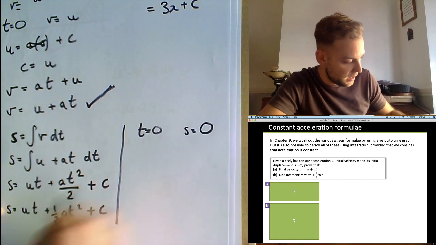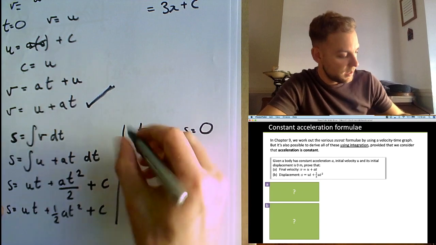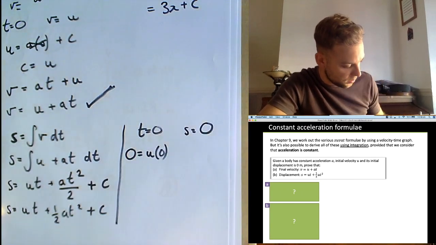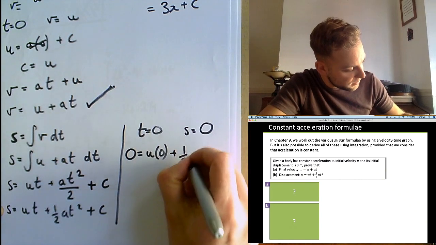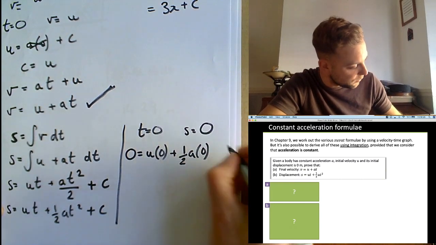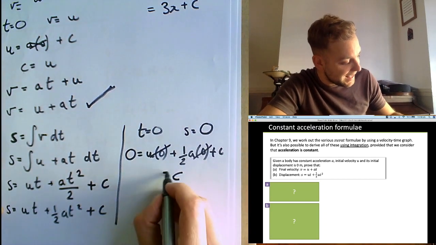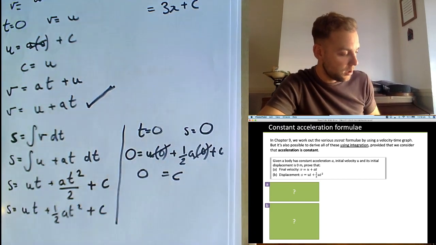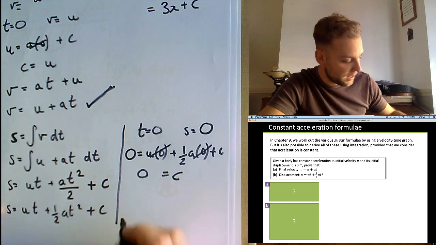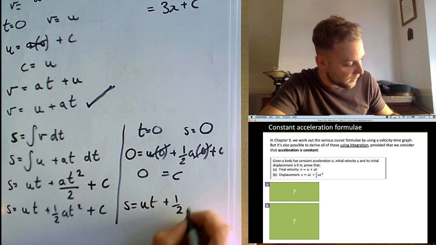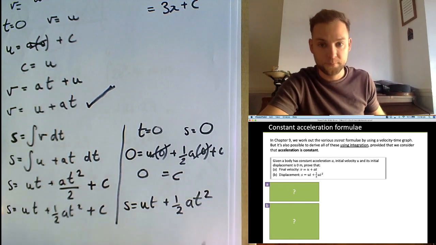So subbing into this, 0 is equal to u times 0 plus a half times a times 0 plus c. So that's 0, that's 0. c is equal to 0. So I end up with the formula s equals ut plus a half at squared.